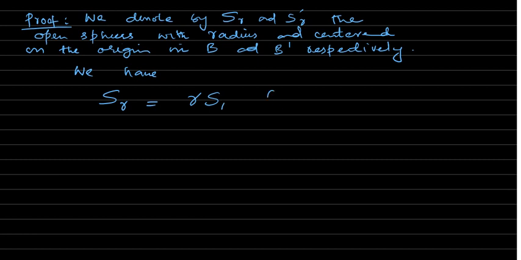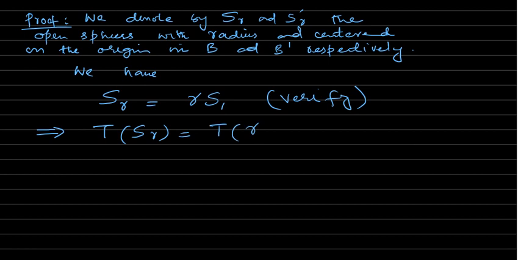This is very simple. Now this T is linear, so T of SR is equal to T of R S1, and that's equal to R times T of S1.